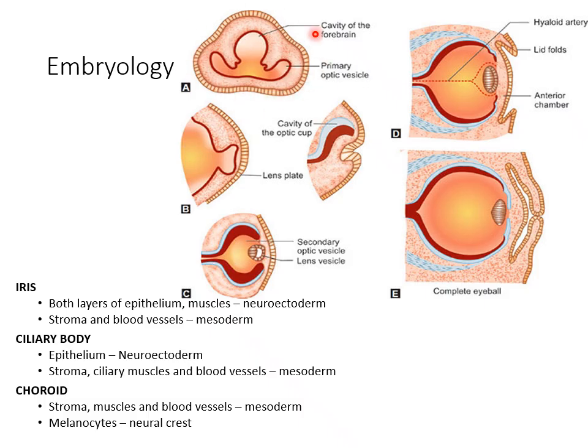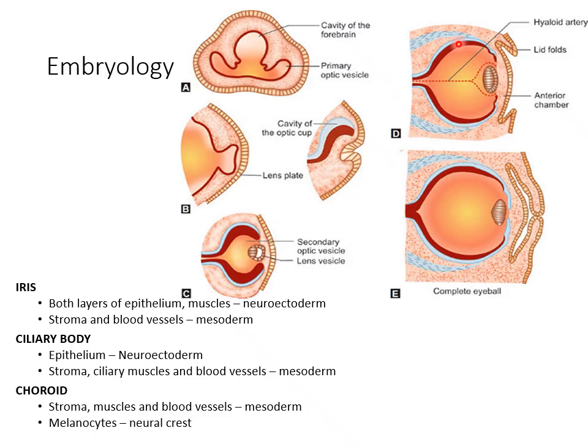Please remember these layers as we proceed. The lens plate is a thickening of the surface ectoderm, and simultaneously the optic vesicle folds to form a cup. Here again, the optic cup has folded and the surface ectoderm has pinched off to form the lens vesicle.